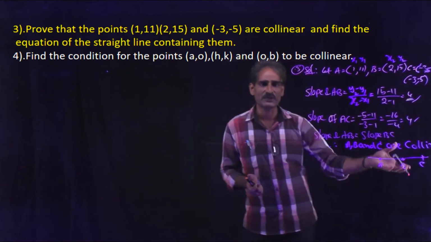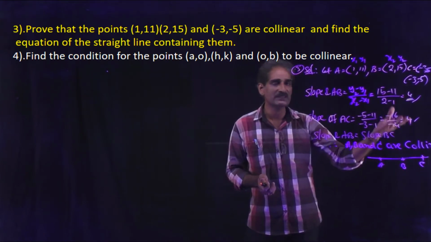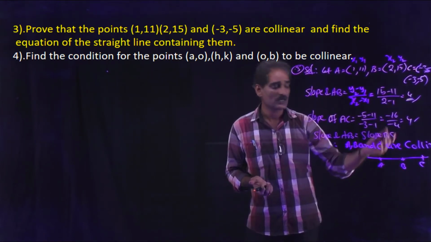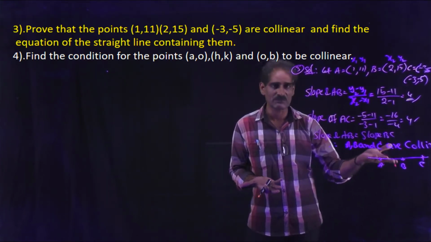Now here we have to find out the equation of the line. So slope is already there, 4. The slope of the line is 4, and by taking any point, we will get the same line equation.